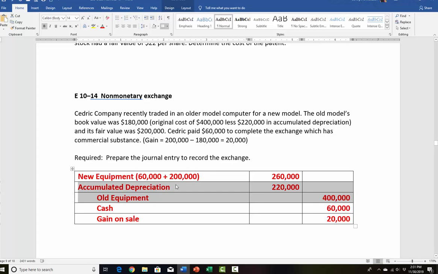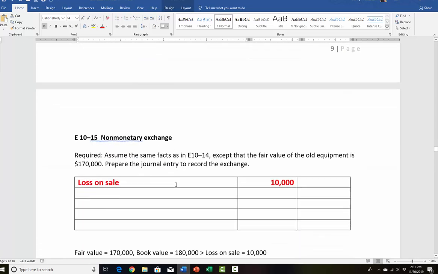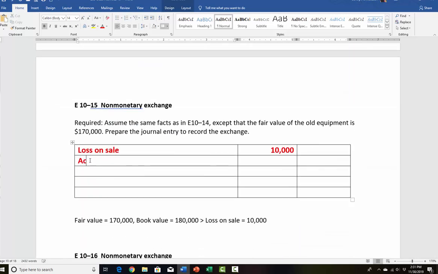So let's go back down here and debit the accumulated depreciation, which was 220,000. I always start my debits at the top and my credits at the bottom because we're not sure how many debits and credits we have, right? So we're going to credit our equipment with the original cost, which was 400,000.